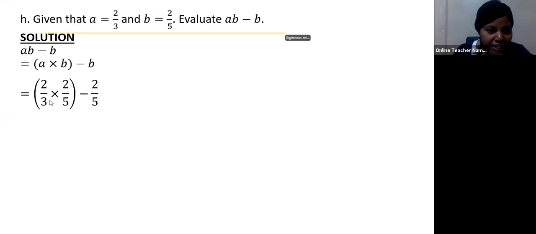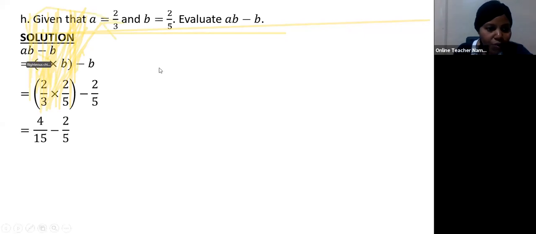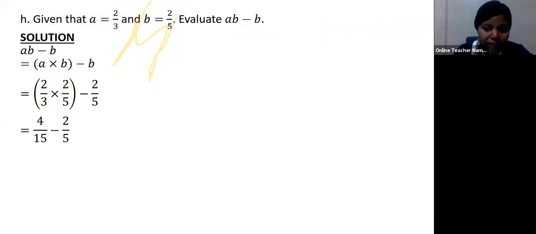Multiply the numbers at the bottom on their own. So we are saying 2 times 2 will give you 4. 3 times 5 will give you 15. So that's going to give us 4/15 minus 2/5.